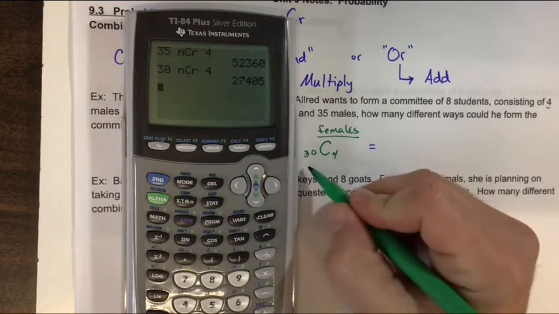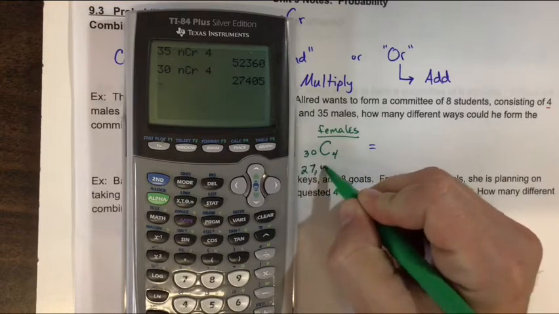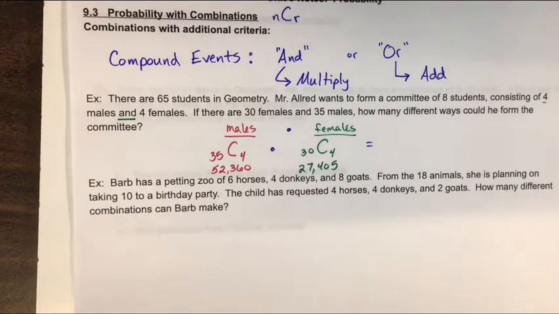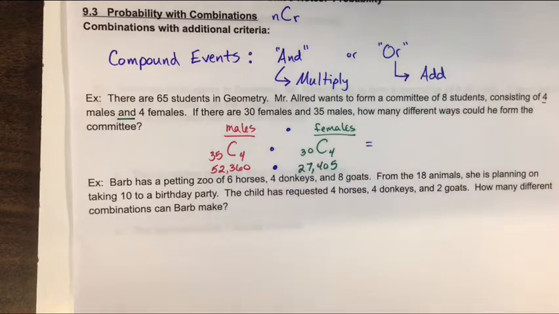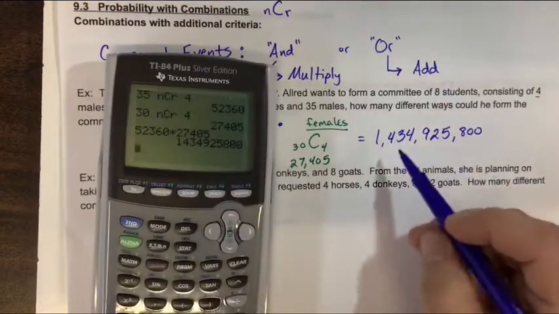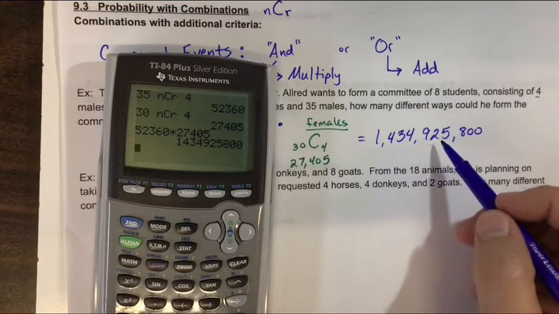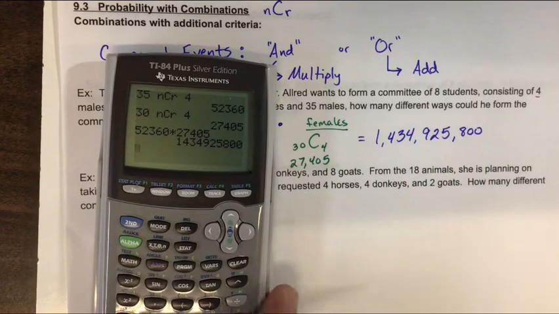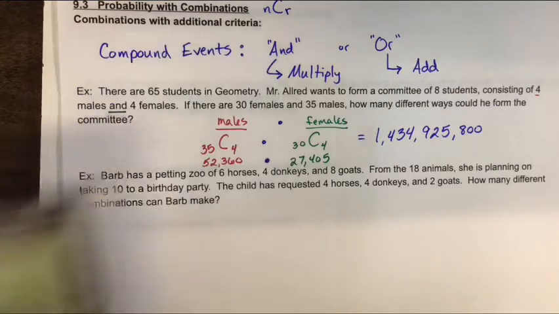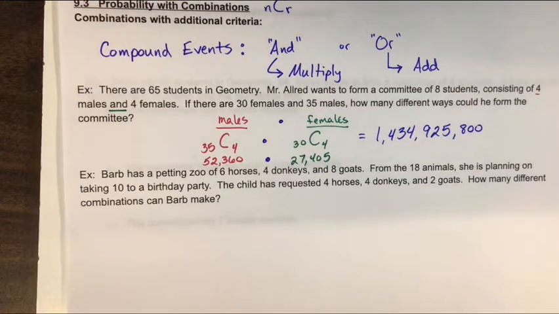And we get a total of 27,405. And when I multiply those together, I get a total of 1,434,925,800 possible combinations with that criteria of 4 males, 4 females.